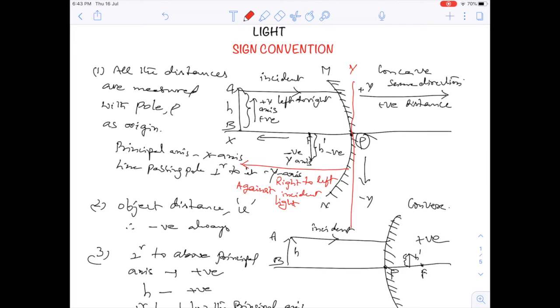So, if that is the case, then it is considered as a negative distance measurement. It is negative.